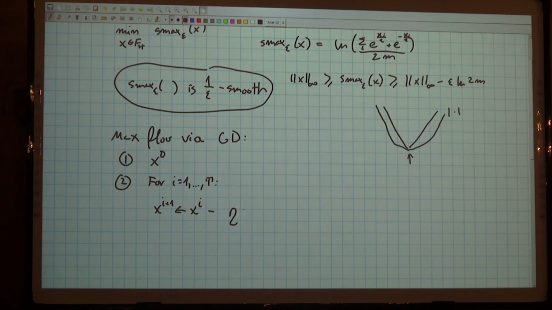Ideally it will be eta times the gradient of the objective at the point x_i, where our objective is just the softmax function.